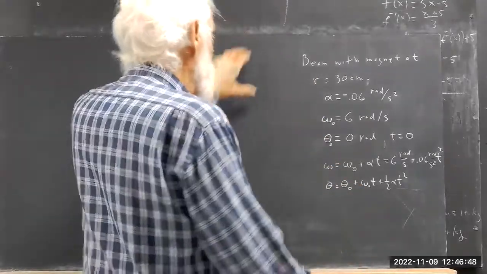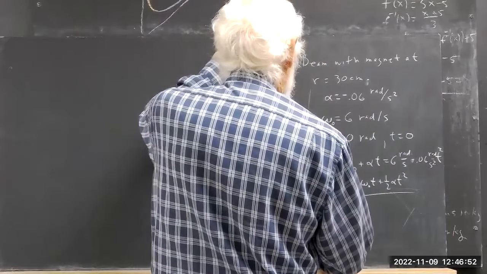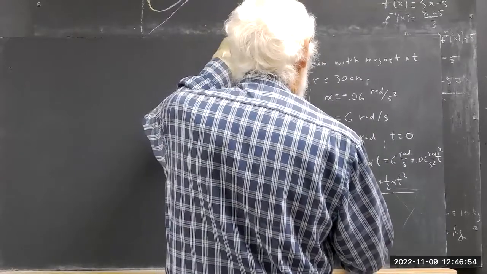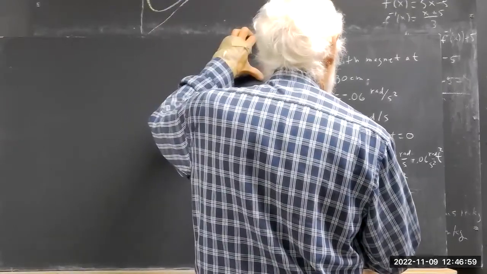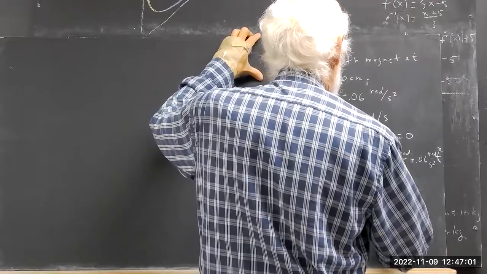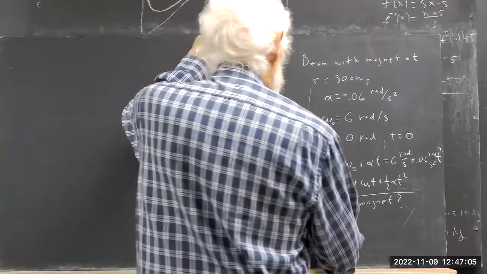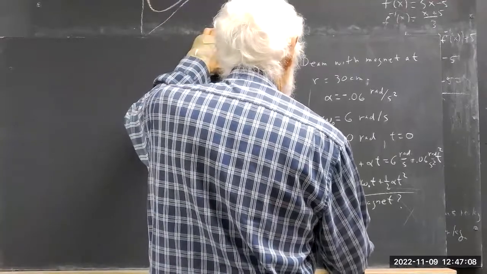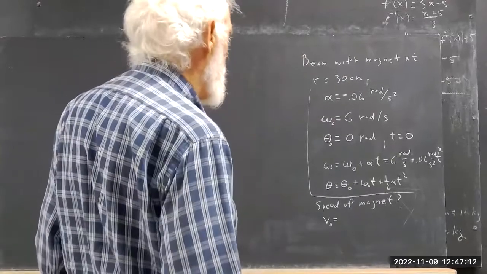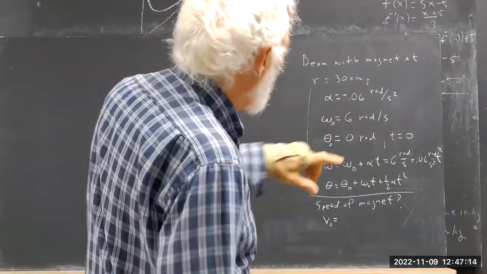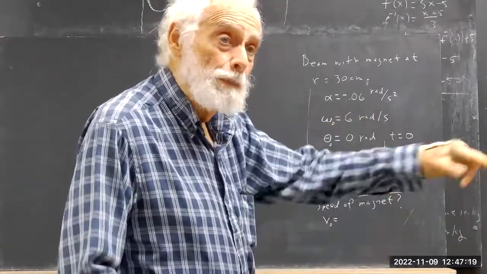How do we relate this to the linear? Okay, so what's the speed of the magnet? Well, V naught is, well, 6 radians per second, but a radian is 30 centimeters along the arc.